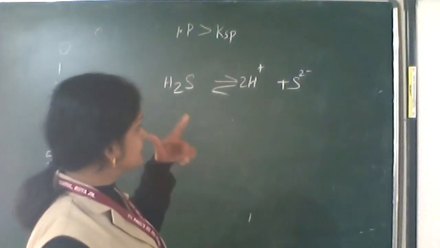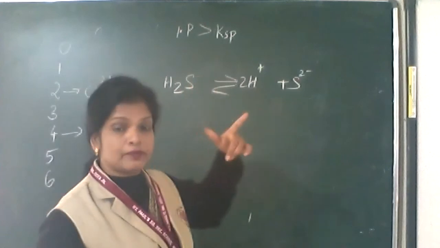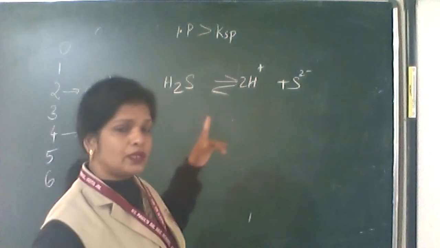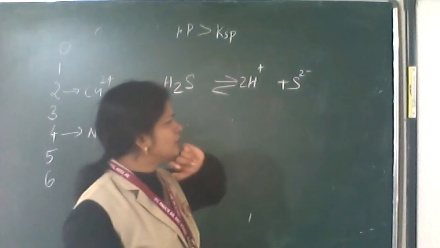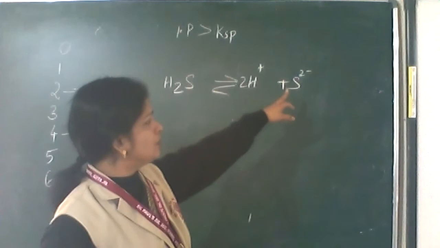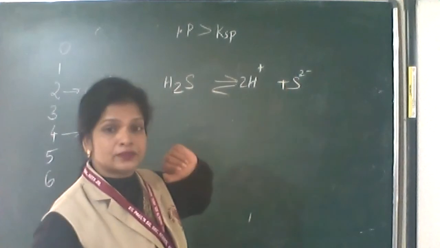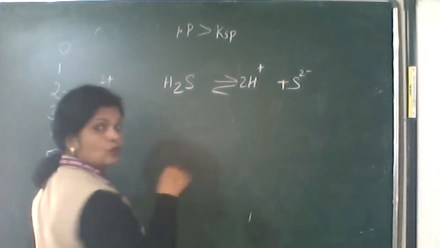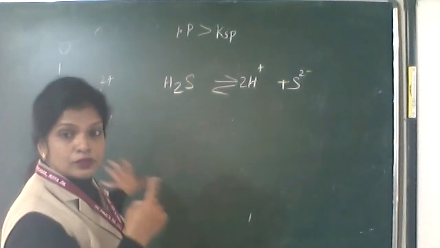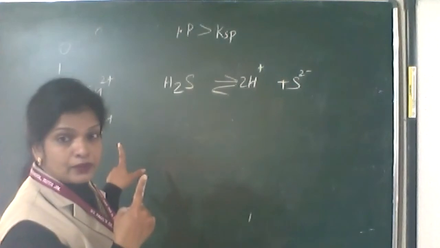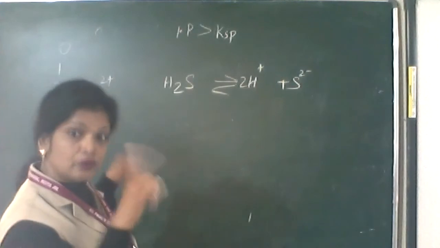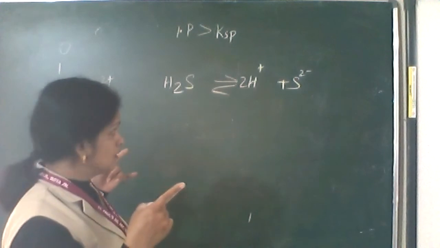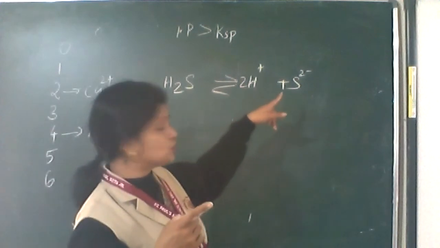We have to exceed that low Ksp value of copper sulfide, and since it is only low, we need only a less amount of S2 minus. But in the case of nickel sulfide, you need more S2 minus because its Ksp value is higher. We have to exceed that higher value, so we want more S2 minus.